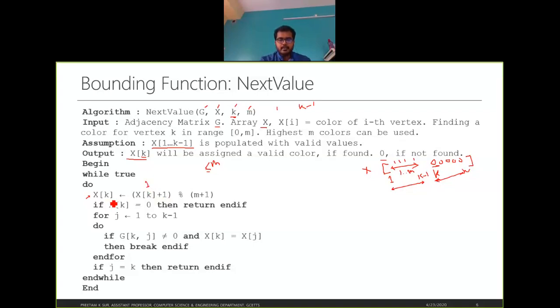So it is trying to assign a valid color. We are doing a modulus with m plus 1, so a modulus with m plus 1 can give outputs from 0 to m.